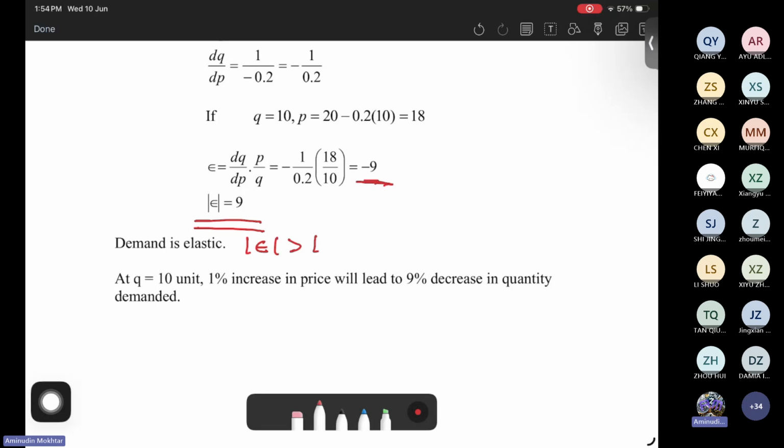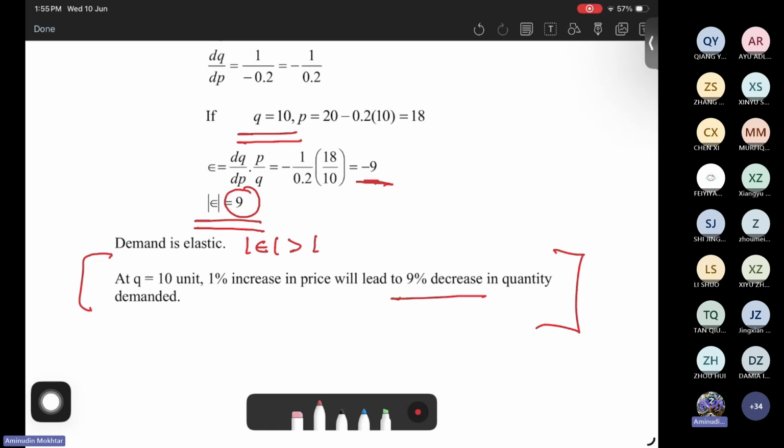So how to interpret? This value refers to the percentage change in quantity when price changes by 1 unit. So in order to interpret, you must write like this. At quantity equal 10, because we determine this when Q equals 10, a 1% increase in price will lead to a 9% decrease.